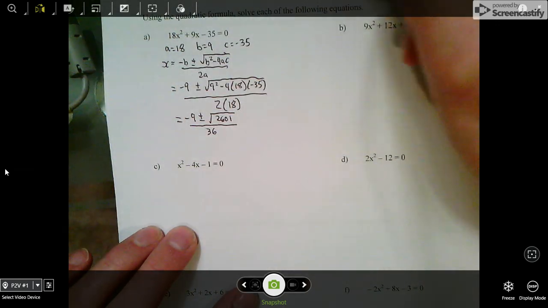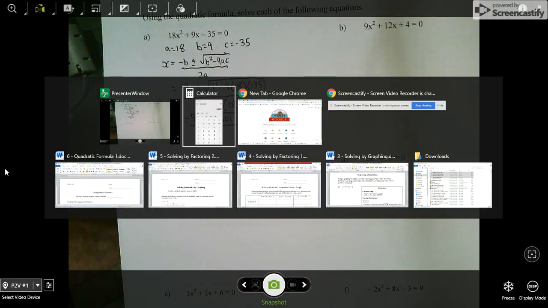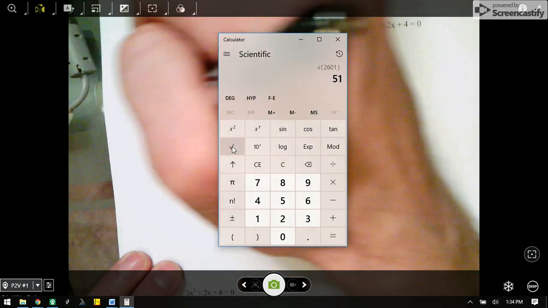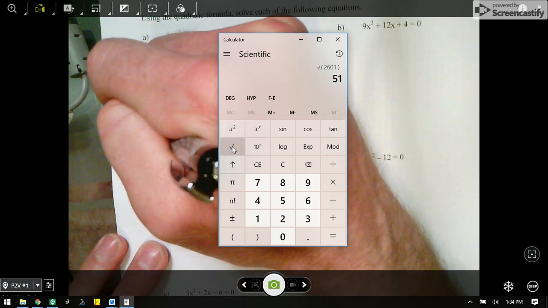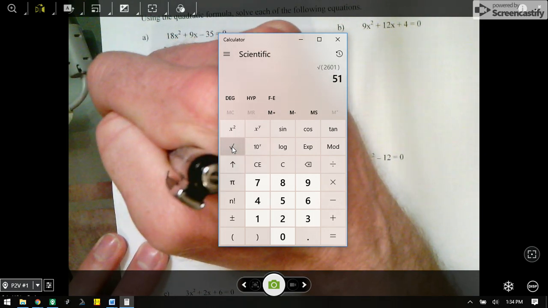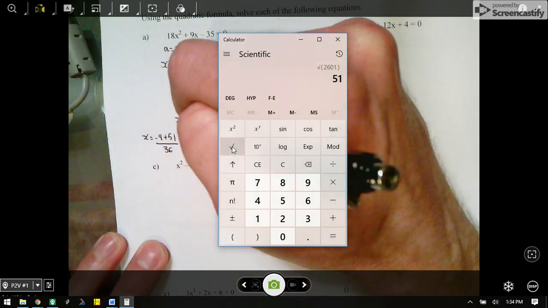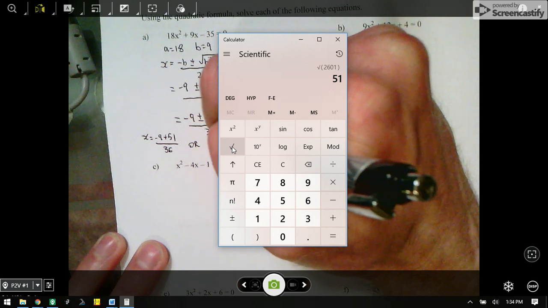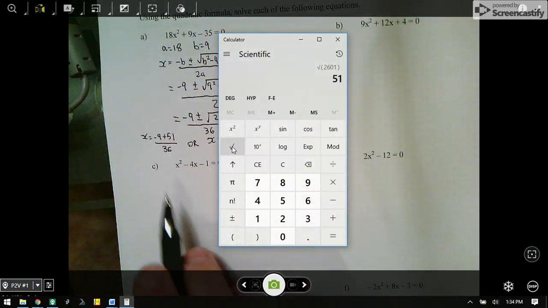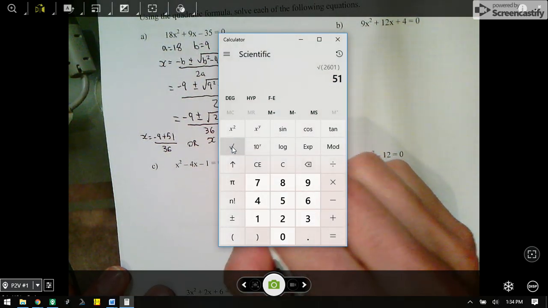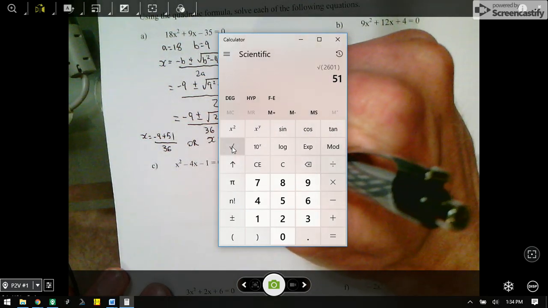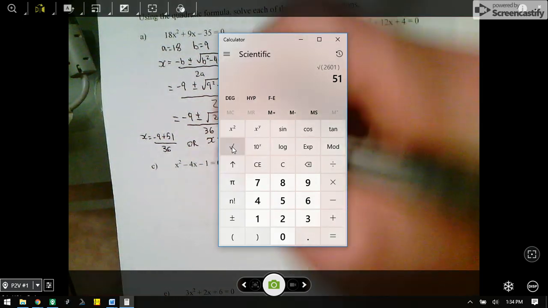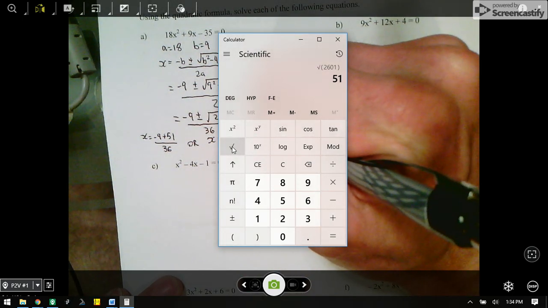And so my two answers are going to be, well, what's the square root of 2601? It's 51. So my two answers are going to be x equals minus 9 plus 51 over 36, or x equals minus 9 minus 51 over 36, which works out to negative 60 over 36.